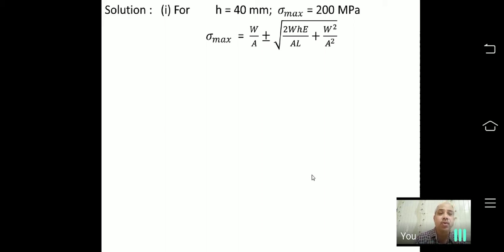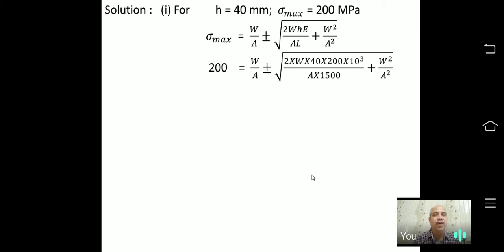Now we are not going to use delta L because we are interested to find W by A. Now we do not know value of W, we do not know value of A. But we are interested to find W by A, so we will directly put W by A equal to x.